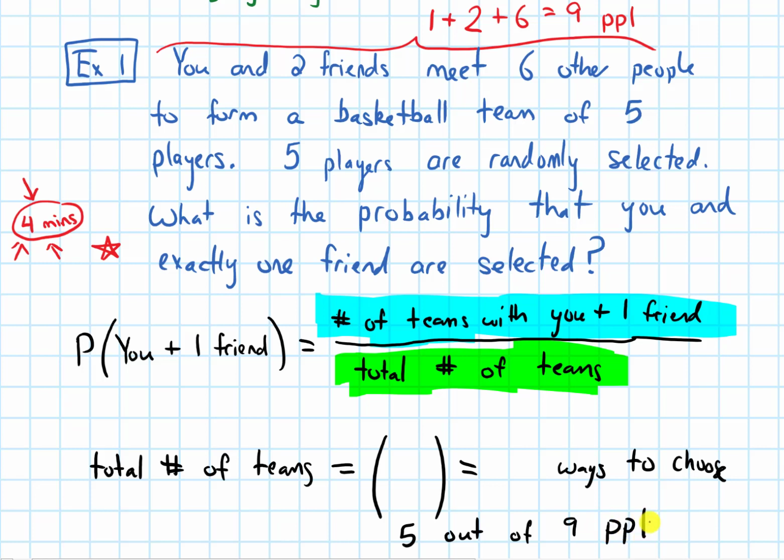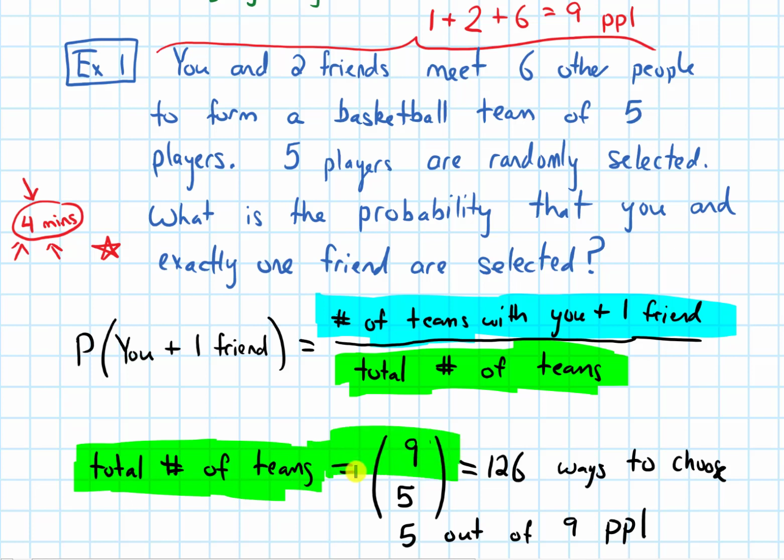So the 5 goes on the bottom in this combination out of a group of 9, and the 9 goes on the top. If we work out what 9 choose 5 is, we get 126. All right, so that is our denominator. The total number of teams is 9 choose 5, which is 126.